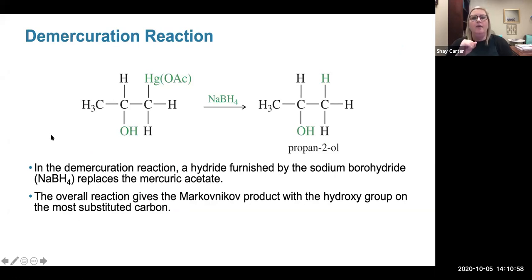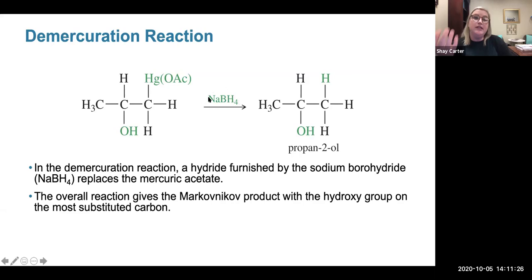Okay. Now, that was the first step of our oxymercuration. Then we have what's called the demercuration step, okay? And we use sodium borohydride. I think I called it sodium borate a second ago, but sodium borohydride comes in and removes the mercuric acetate.